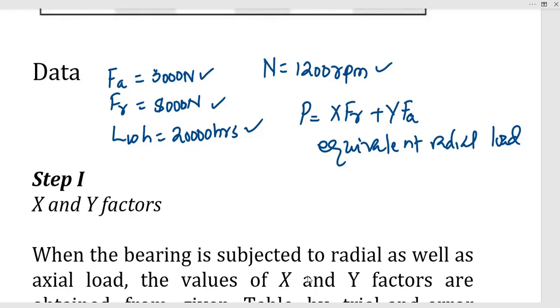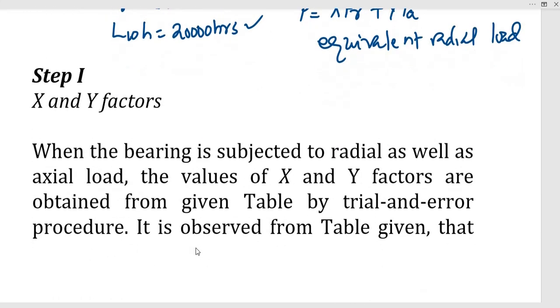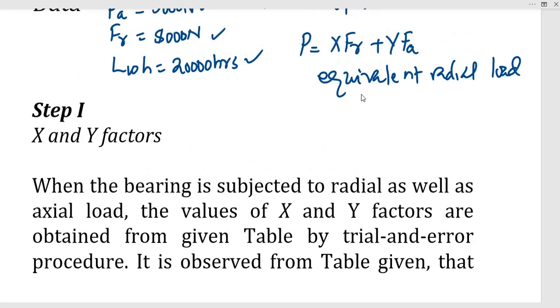Now the X and Y factors are needed because if the bearing is subjected to both radial and axial loads, then at the end of the day we need to determine the equivalent radial load.